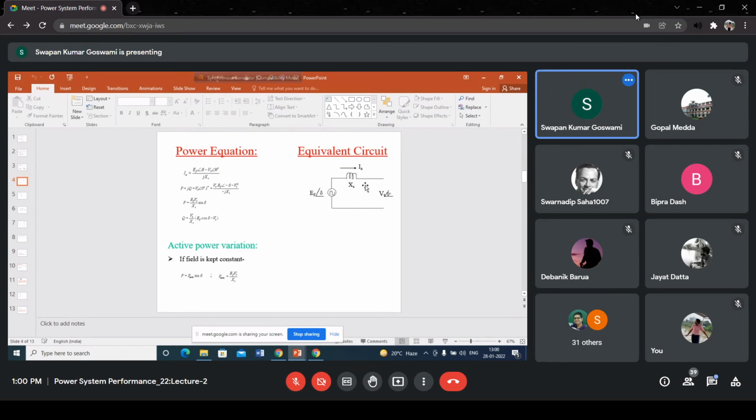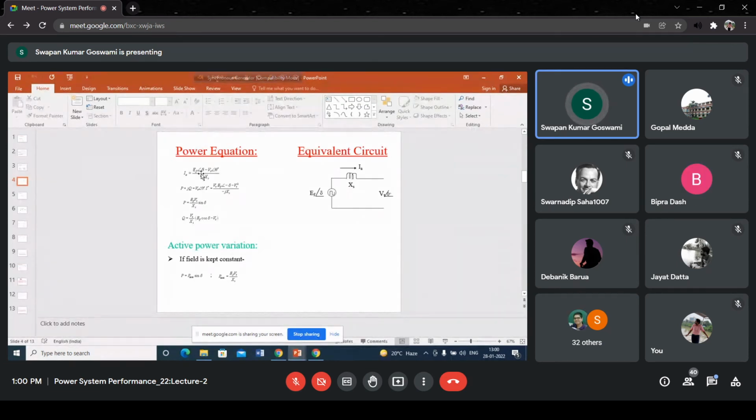Okay, all right. Now from this equivalent circuit, you can have this expression for current that is flowing. What is the current? You see that current is given by this voltage minus this voltage divided by jXs.